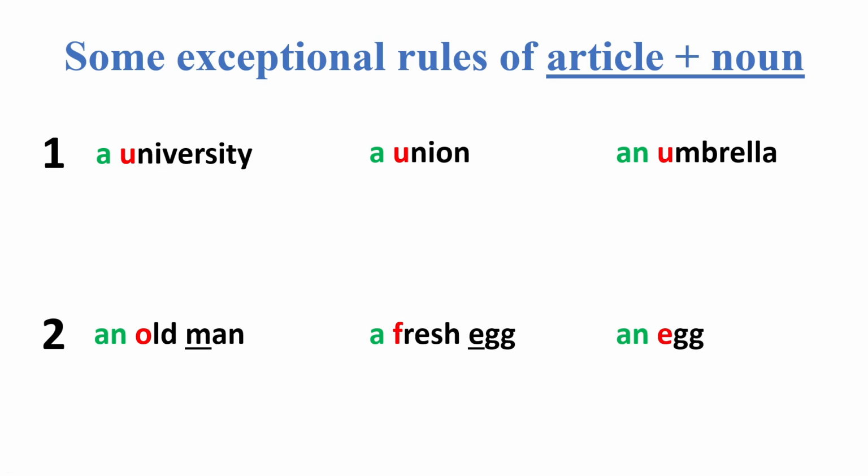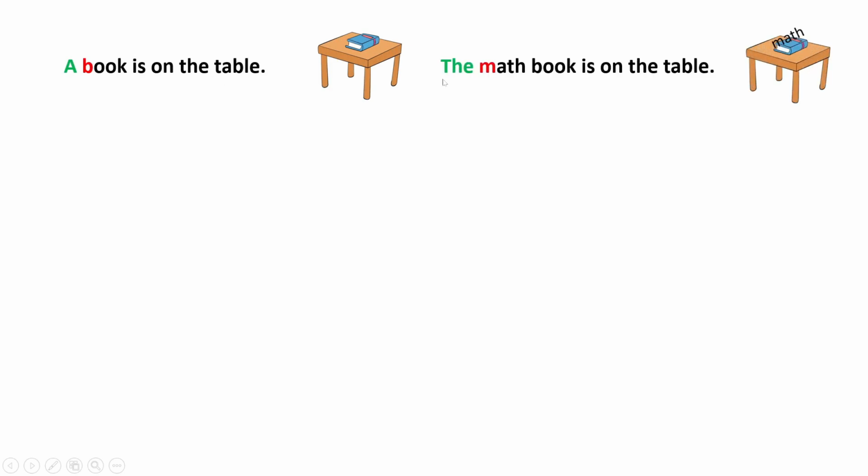Okay, now let's jump to the final part of the lesson and see some examples of the articles in sentences. A book is on the table. The next example, the math book is on the table. You may have a question: why in the first example we have "a book," and in the next example we have "the book"?